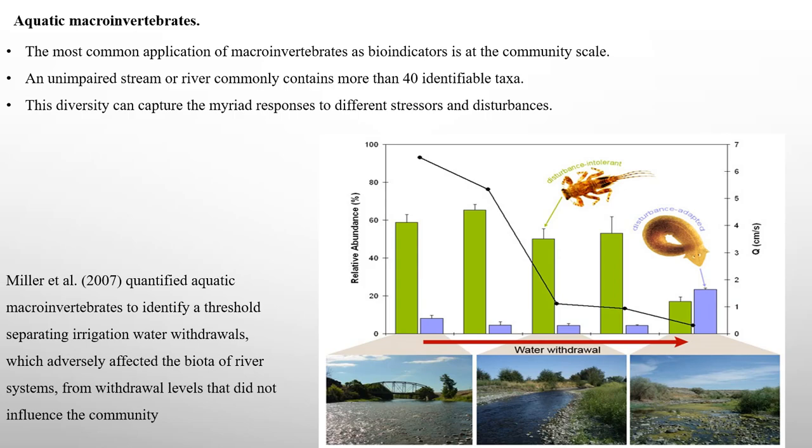That means the assessment of both disturbance intolerant and disturbance adapted taxa can indicate how much stress, in case of water withdrawal, can be provided to the environment so that the ratio of these taxa remains unaltered.